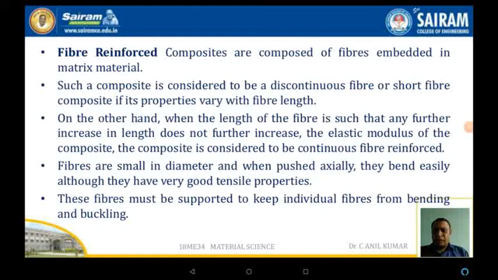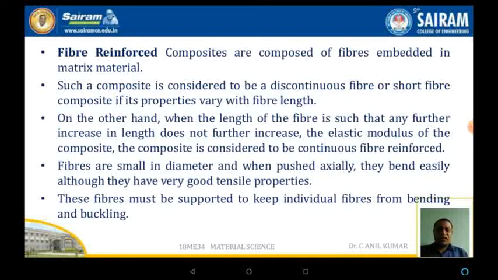Fiber reinforced composites are the composites in which the fibers are used as a supporting material in the composite materials. These composites are considered to be either discontinuous or continuous.